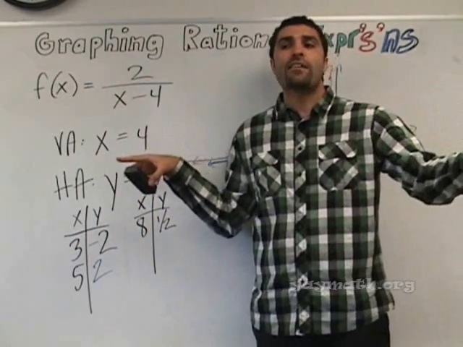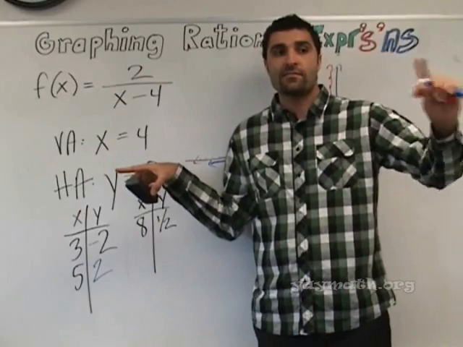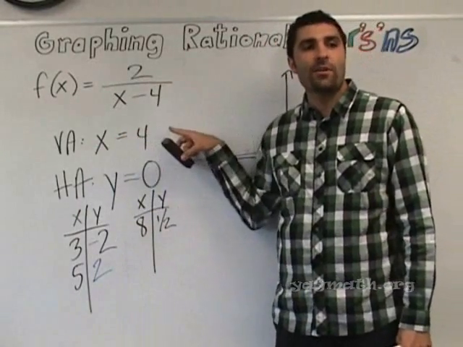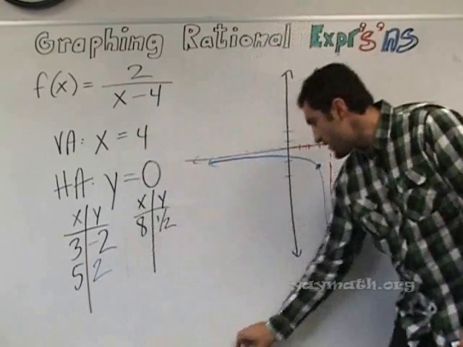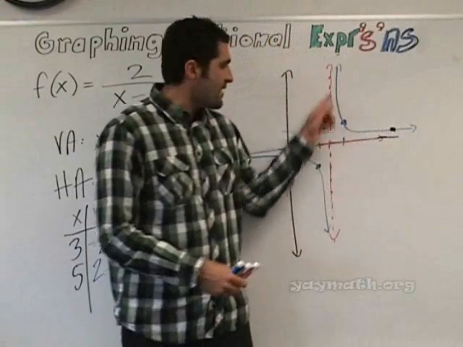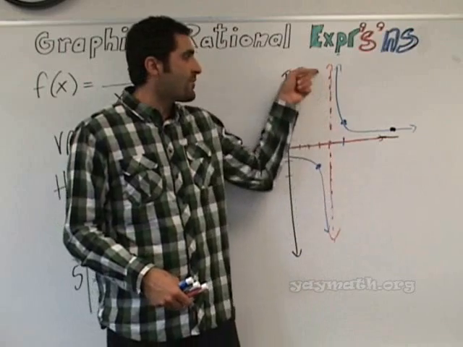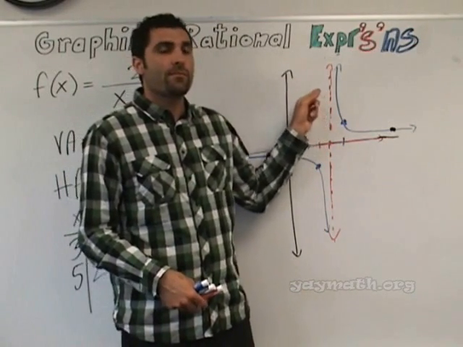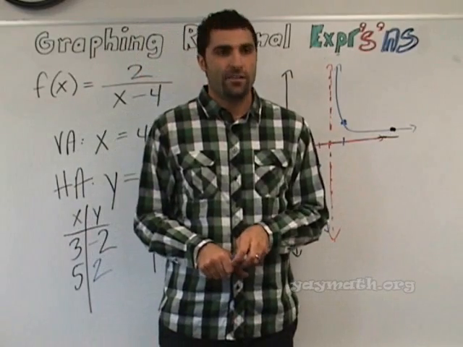Is 0 allowed in the denominator? No. So x is not allowed to be anywhere on this line. See how x is always 4 up and down this line? 4, 0, 4, 1, 4, 2, 4, 3. So it's whatever x can't be.